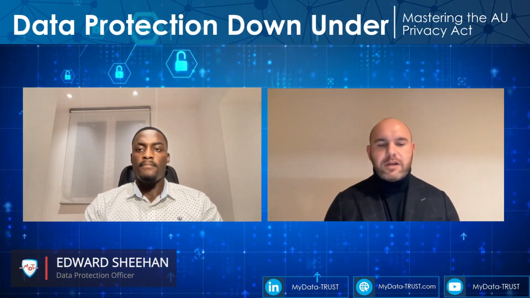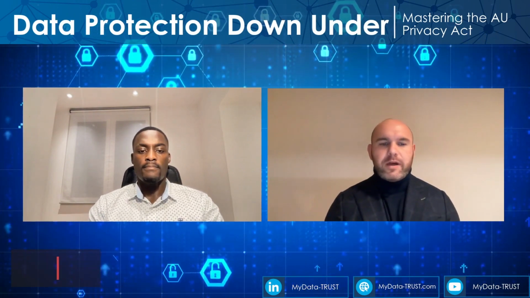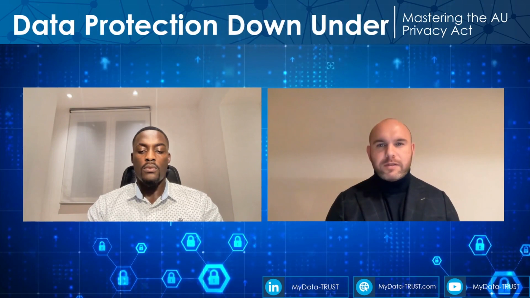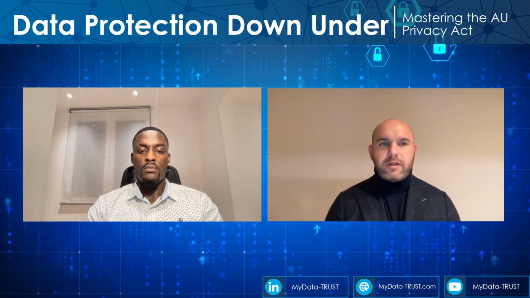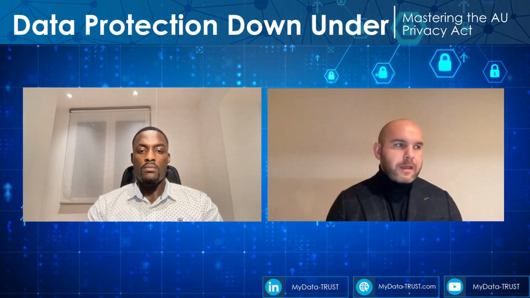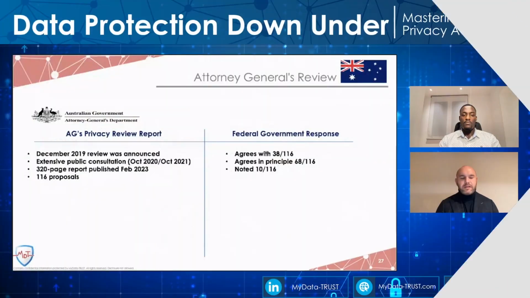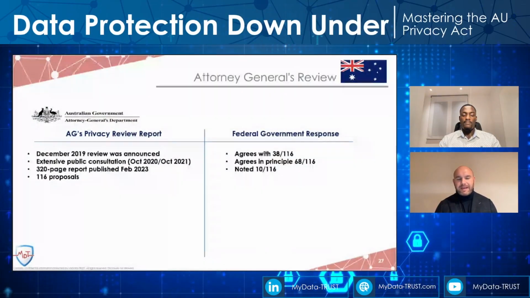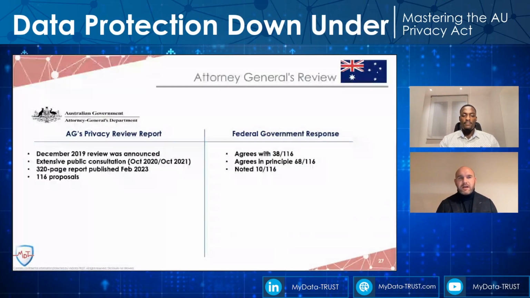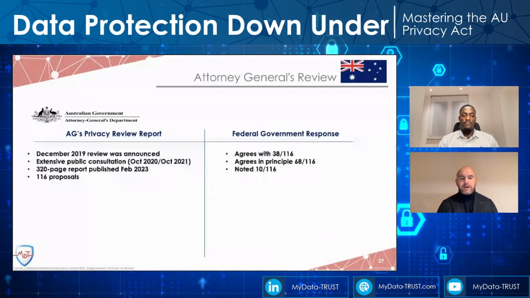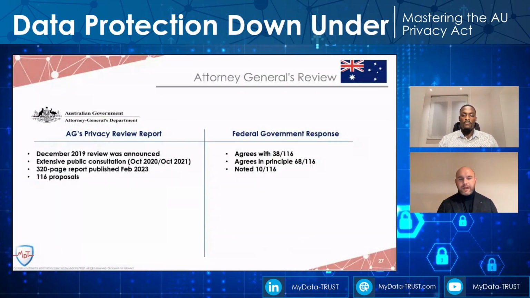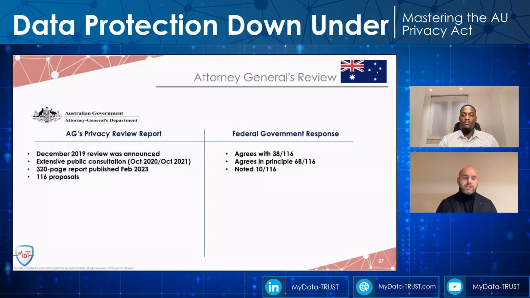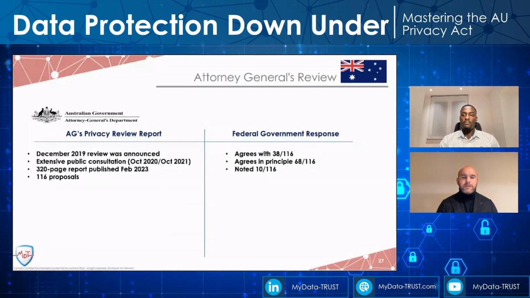The Australian Attorney General's Department was commissioned by the federal government to provide a report on how the Australian Privacy Act should be updated. This report was initially commissioned in December 2019 when the review was announced, and it went through 2 stages of public review. The initial public consultation ended in October 2020, and then there was a second tranche of public consultations in October 2021.